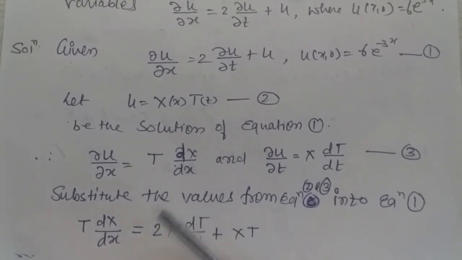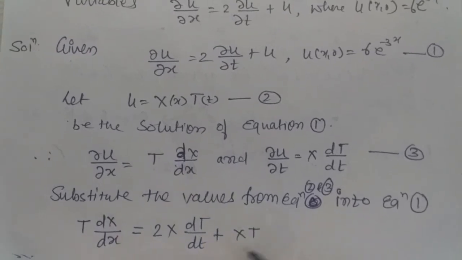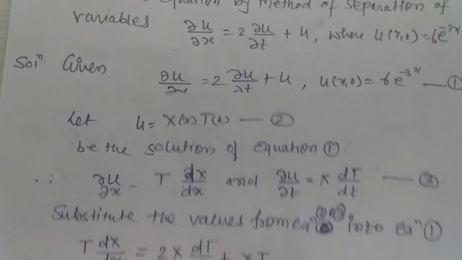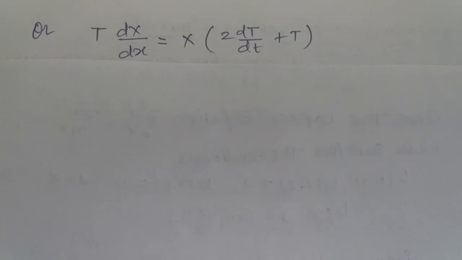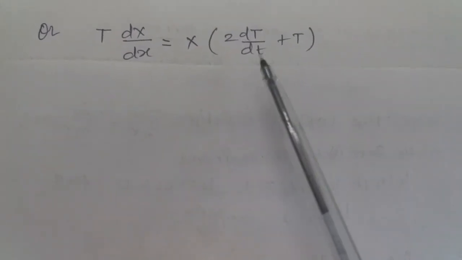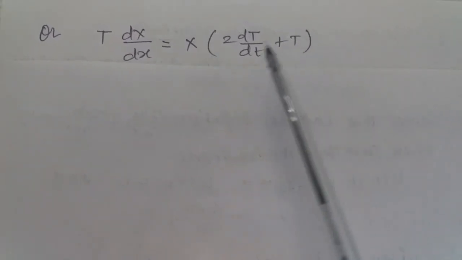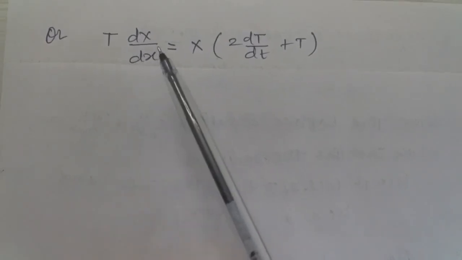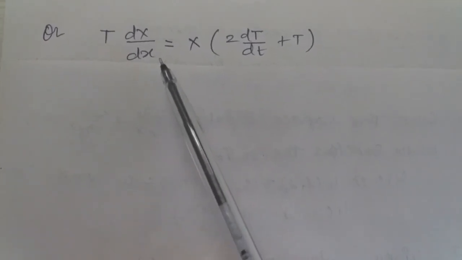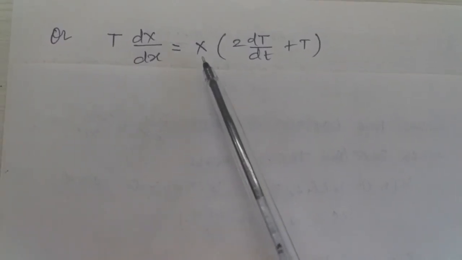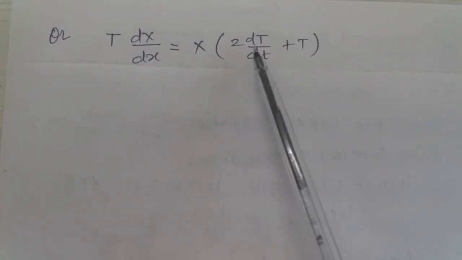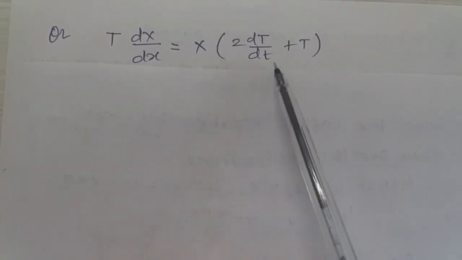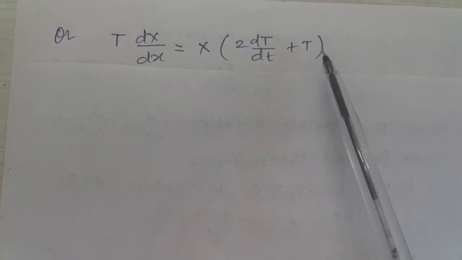The value of u is capital X into capital T. Now taking X common on the right hand side, we get T d capital X by d small x equal to capital X into 2 times d capital T by d small t plus capital T.